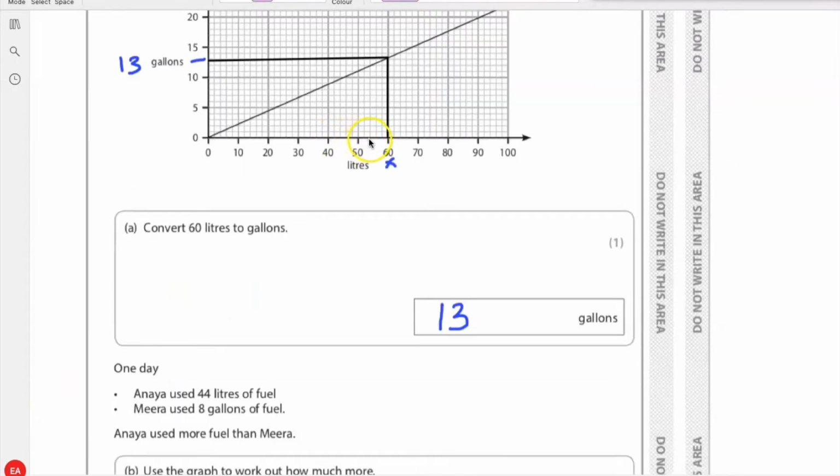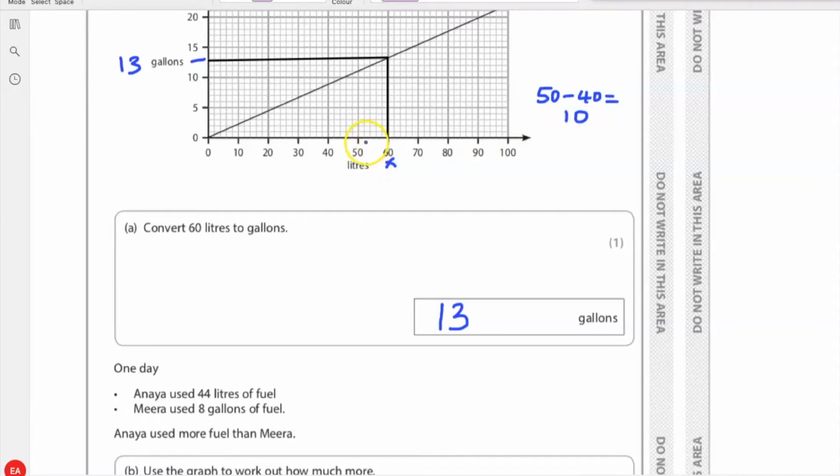Now if Anaya is 44 liters, here is 40, and I think here is going up in 2. How do we know if it's going up in 2 or in 1 or in 5? We need to find the difference between 40 and 50. So that is 50 take away 40, equals 10.